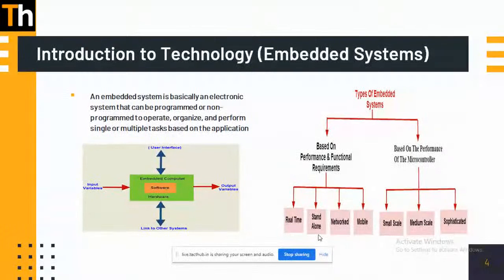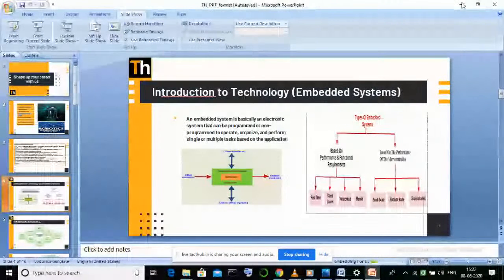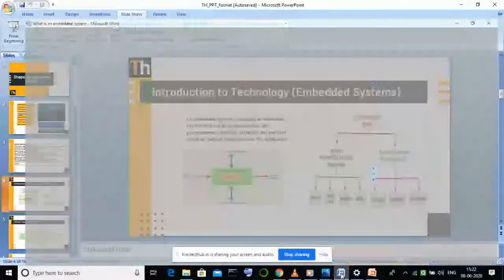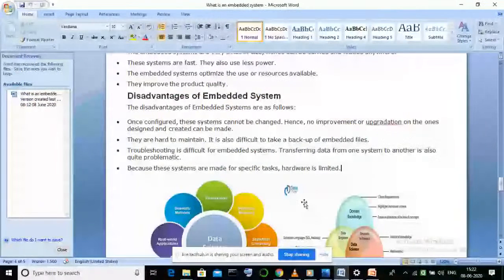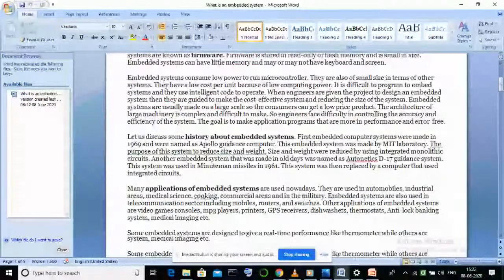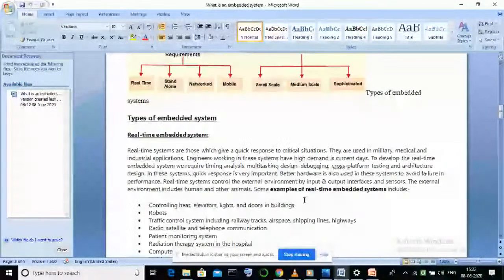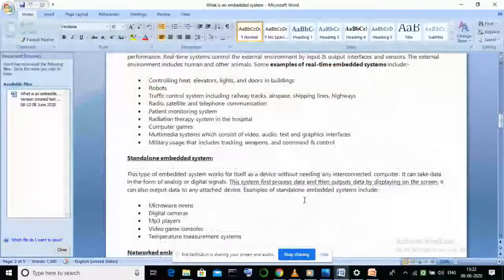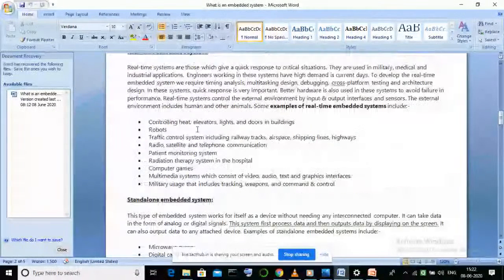Let me show you another document related to this. If you go to this embedded system material, you will have the real-time embedded system, then the standalone system. I have all of these, but let's just go to the real-time system.